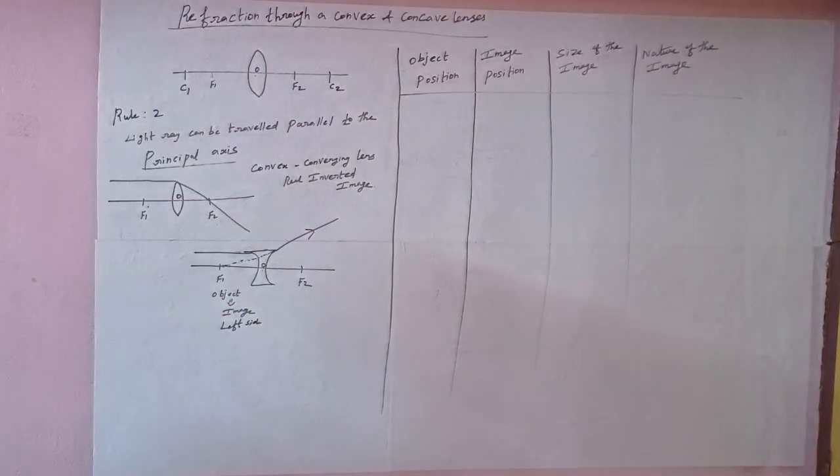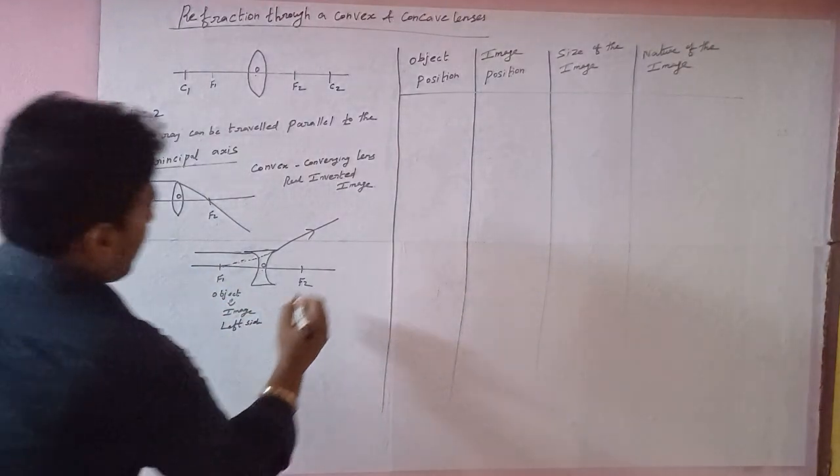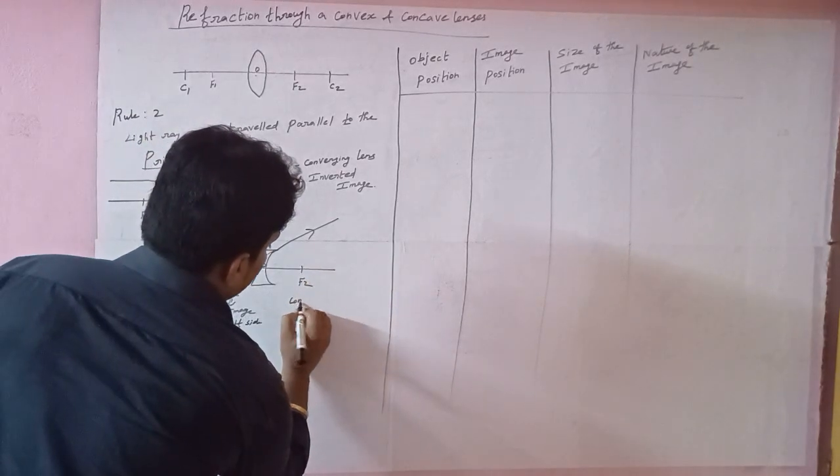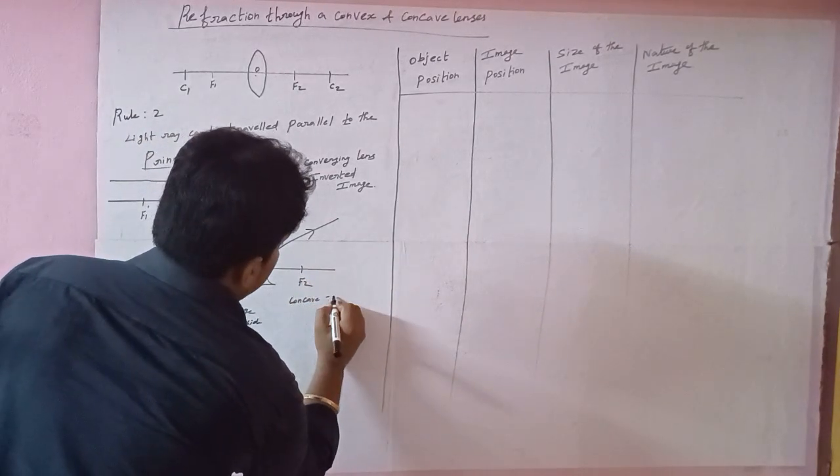So we will get the image, because the concave lens is a diverging lens.